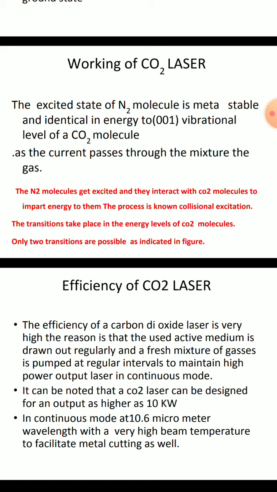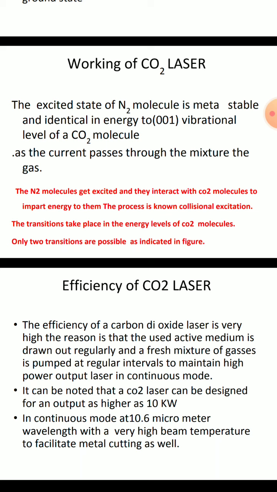The reason is that the used active medium is drawn out regularly and a fresh mixture of gases is pumped at regular intervals to maintain a high power output laser in common mode. Now what does this mean? This means that if we compare a CO2 laser with other lasers, the number of active centers in other lasers was fixed, and there was a limitation in the number of atoms excited to the upper energy levels, and a limitation in the number of stimulated emissions.